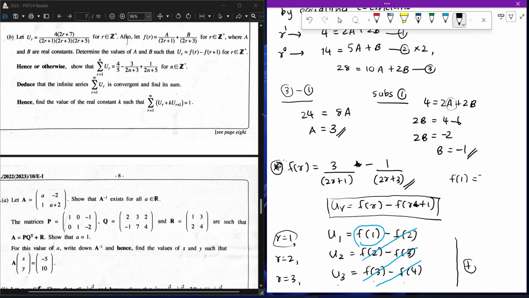That is, I'll write 3 divided by, if it is 1, 2 into 1 is 2 plus 1 is 3, minus, here 1, 2 into 1 is 2 plus 3 is 5, minus 1 divided by 5, that will be 1 minus 1 over 5, that is 5 divided by 4, right? 4 over 5. So f1 is 4 over 5.